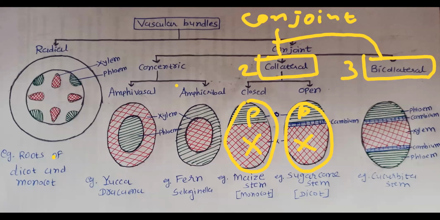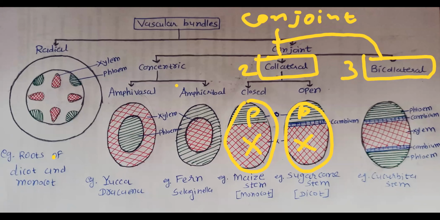But unlike the concentric, where one encircles the other completely, here they occur side by side without encircling each other. Normally phloem on outer side in the bundle and xylem on inner side of the bundle. That is called collateral category of VB.